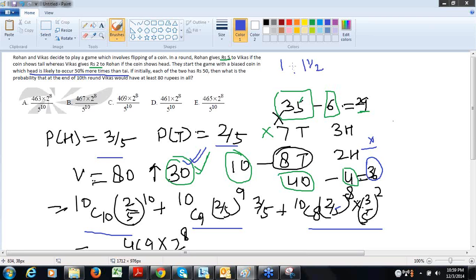So it is basically the ratio of 1 is to 1.5, which is nothing but ratio of 2 is to 3. So the probability for head will be what? 3 by 5. Probability of tail will be 2 by 5. Got it, Rahul?